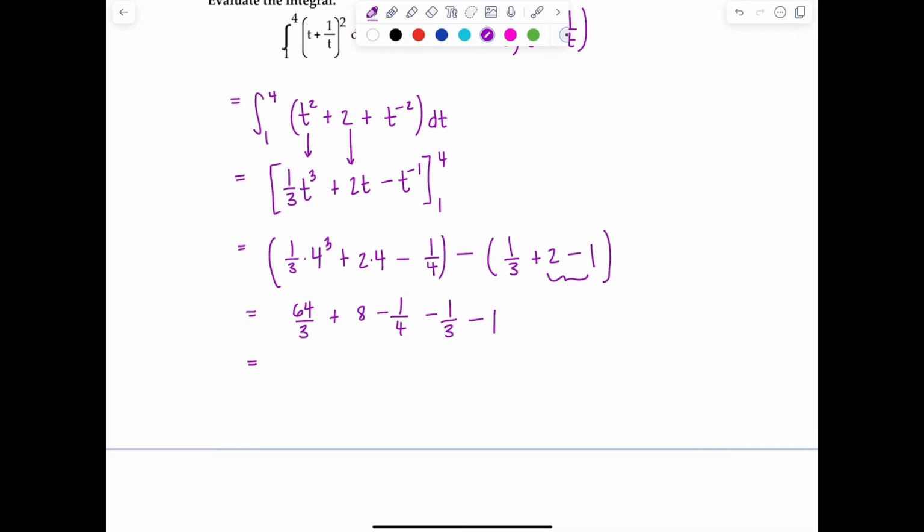Okay, so 64 over 3, I'm just going to do these guys together, minus 1 over 3, that's 63 over 3. 63 over 3 is 21, plus 8 minus 1, so plus 7, minus 1/4, so it's 28 minus 1/4. 28 times 4, let me get a common denominator, that's 112 over 4 minus a fourth, so 111 over 4.